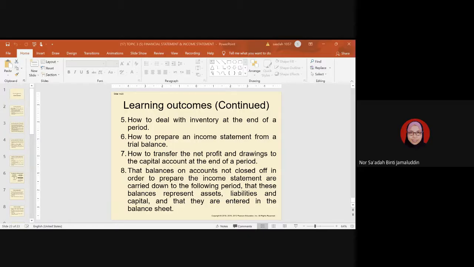This is all you can get from the format of a financial statement. Okay, that's all for this topic. So we finish all our basic financial statements. From the first week until this week, all the topics that we already learned will be asked in your midterms, consisting of the first process until the last process.